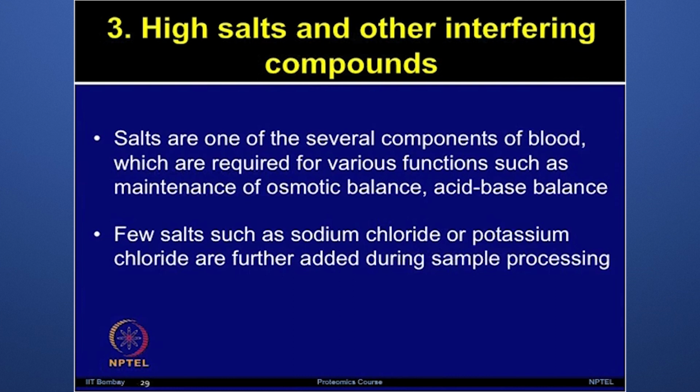Due to the intrinsic salt present in the blood as well as the extrinsic salt added during sample processing, the overall salt component becomes very high, and that creates problems for various proteomic applications. So, high salt and interfering compounds should be removed.